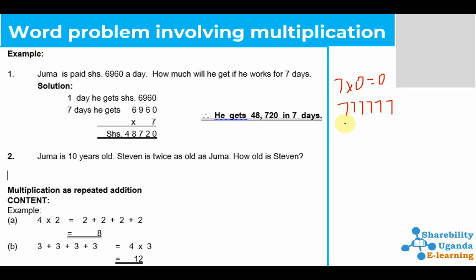What is 7 plus 7? 14. 14 plus 7 is 21. 21 plus 7 is 28. 28 plus 7 is 35. 35 plus 7 is 42. Okay, so here we have got our 42. But we shall not write the whole of 42. We shall only write 2, this is the 2 which they got. We shall carry our 4.